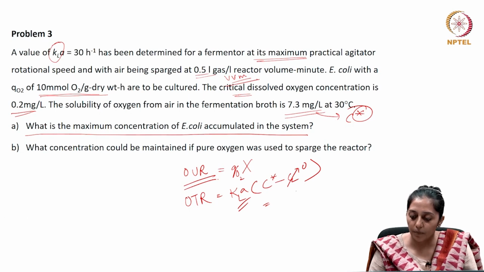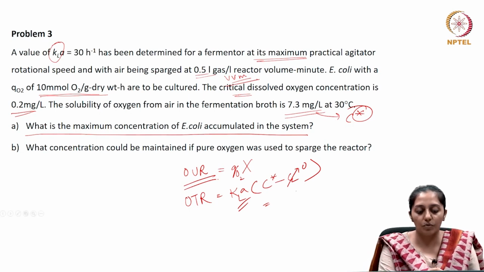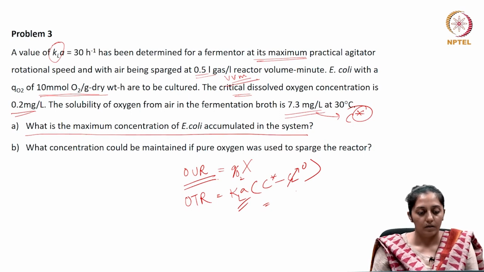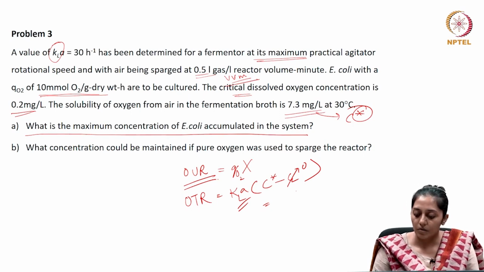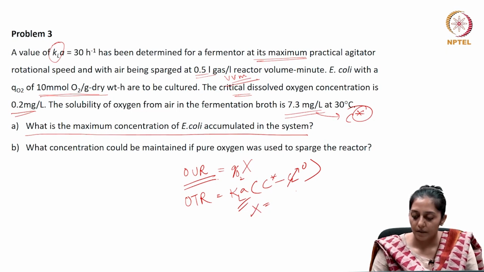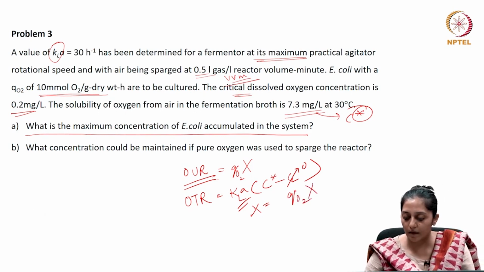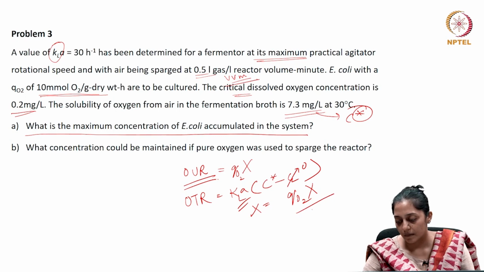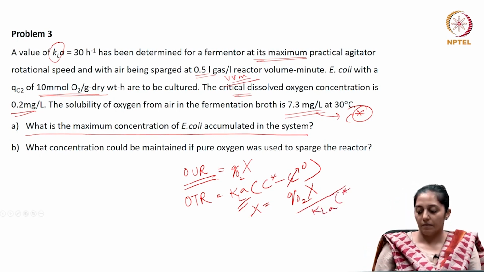C star is 7.3, KLa is given to us as 30 hour inverse. So, now the maximum possible biomass which can be supported by this fermenter can be calculated by equating OUR and OTR and finding the value of biomass.